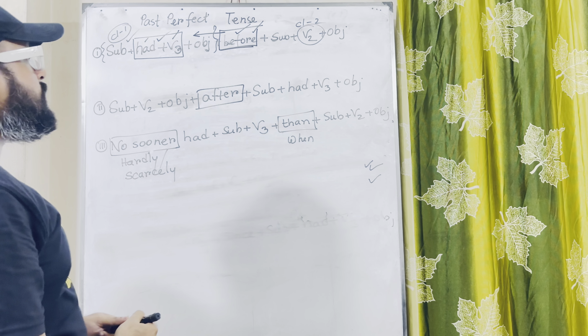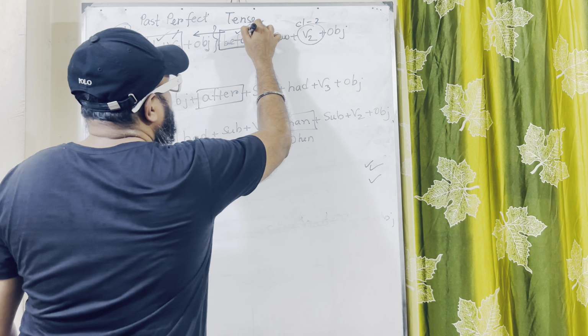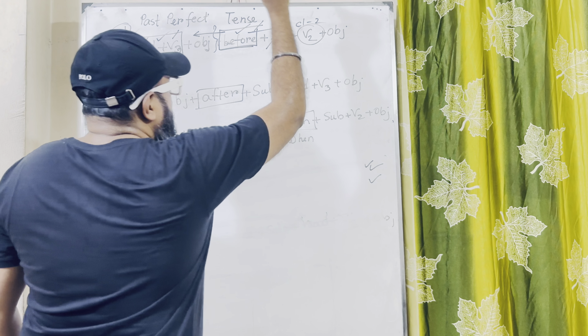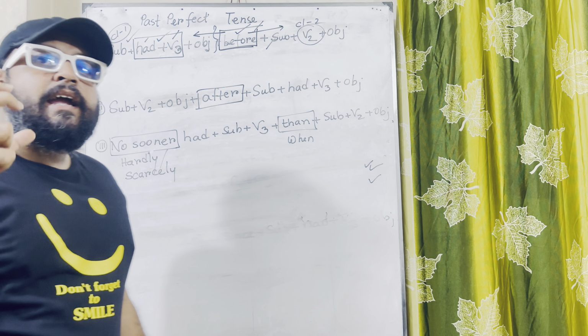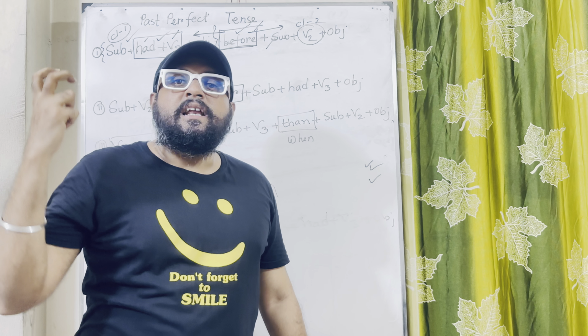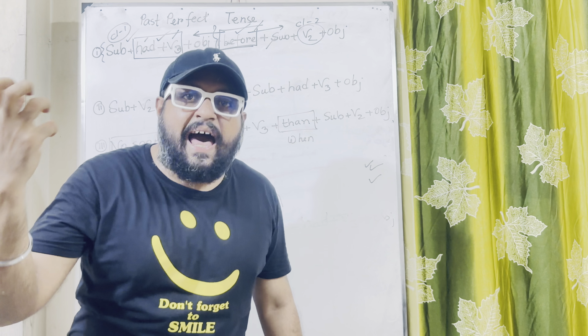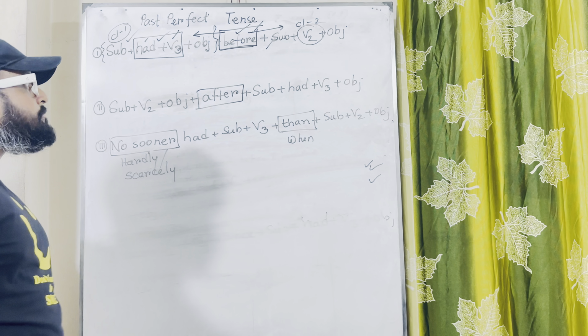Your sentence will start with clause number 1, and after the conjunction before, you will use clause number 2 where you will write the verb in past indefinite or simple past tense pattern. So this is very simple.